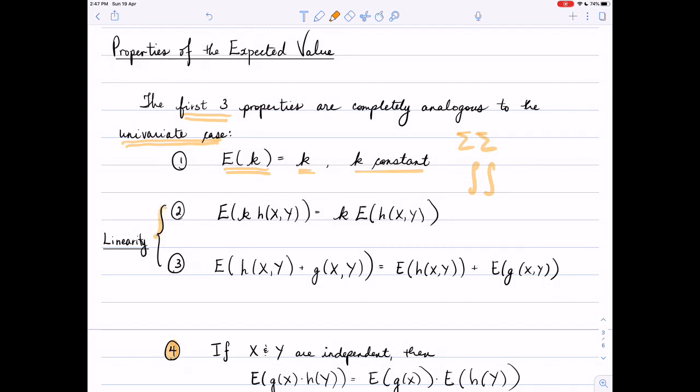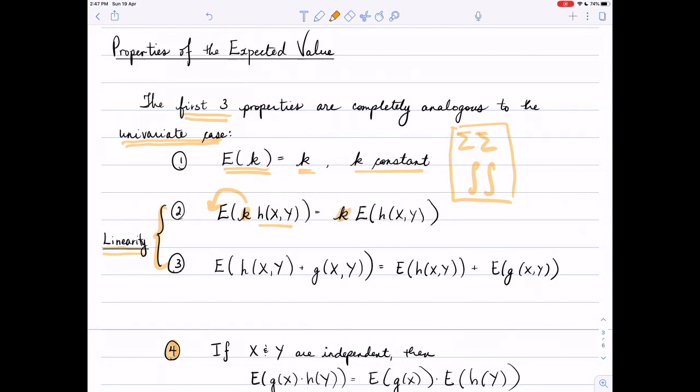Numbers 2 and 3, put together, are often called the linearity of the expected value. Number 2 says if you have a constant times the function, you can pull that constant outside. Again, it is just the properties of the sigma or the integral. You can pull constants out of those, so it should come as no great surprise that you can pull constants out of the expected value.